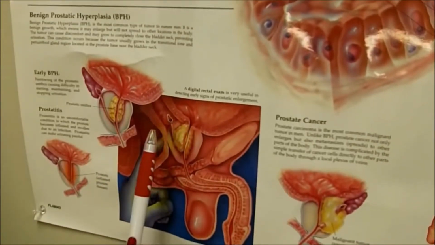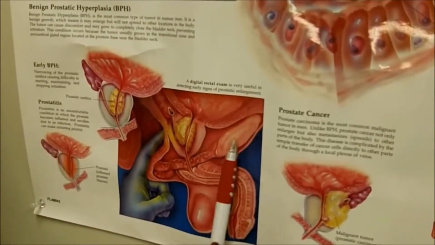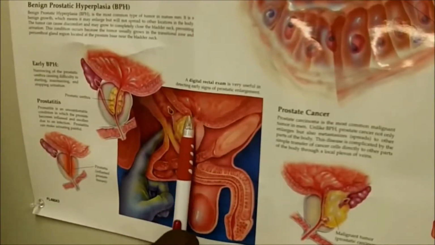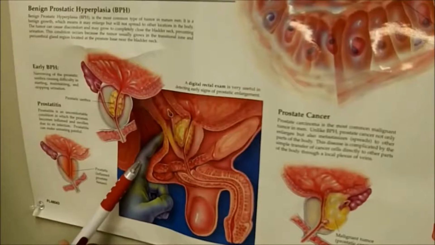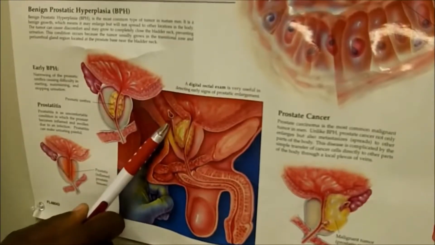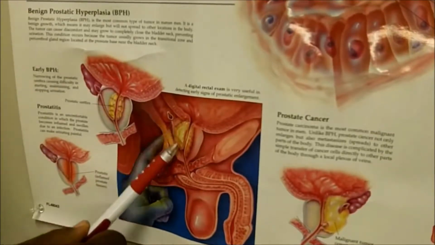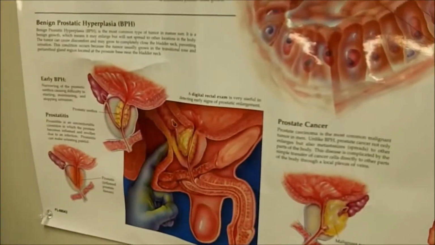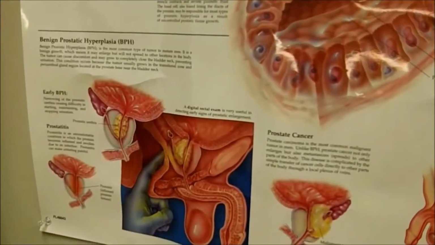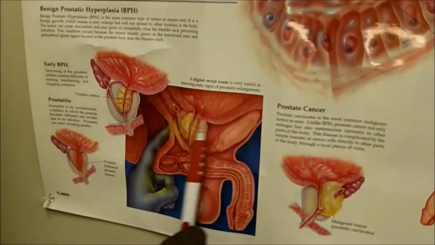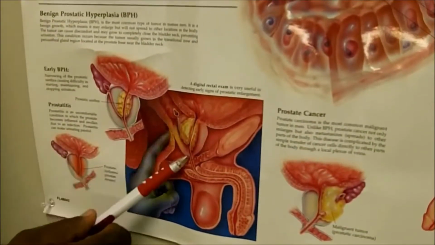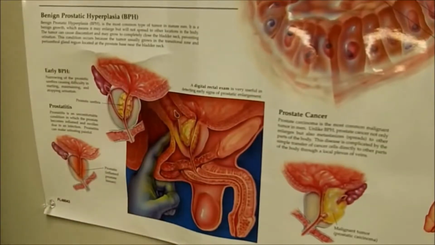So you have the prostate. Now notice your relations. Here's the pelvic bone in the front, here's the prostate, here's the rectum in the back, and here we have the examining gloved finger in the rectum, and it's examining the posterior or the back portion of the prostate. Interestingly, the only part of the prostate that we are able to examine when we do this examination, because of its location, is the posterior portion.